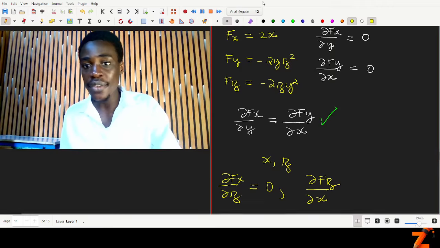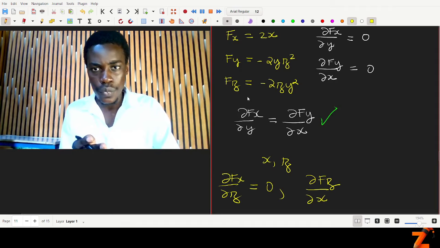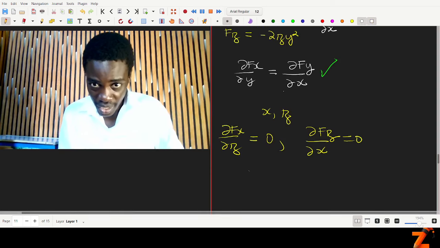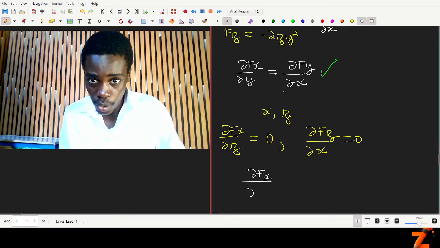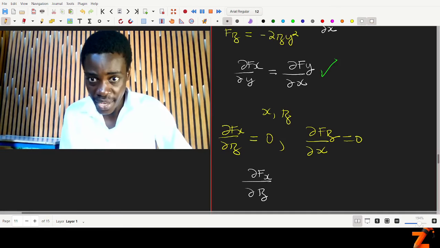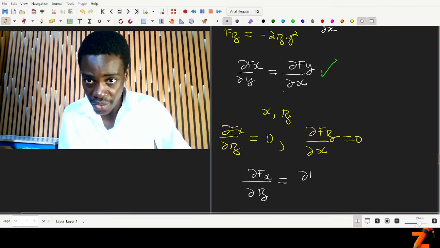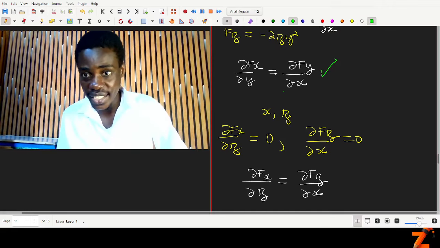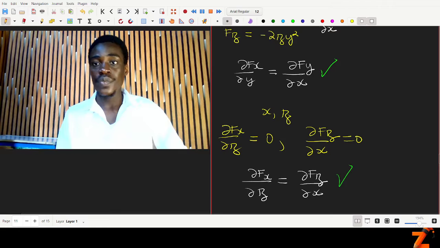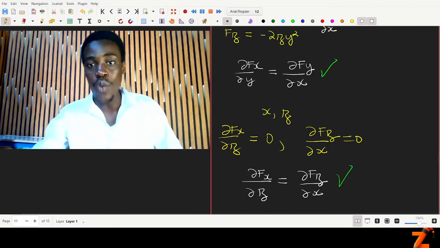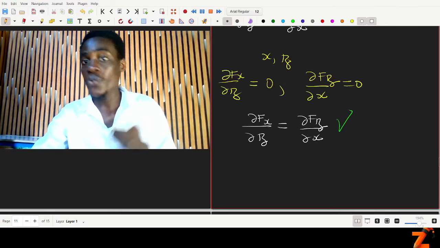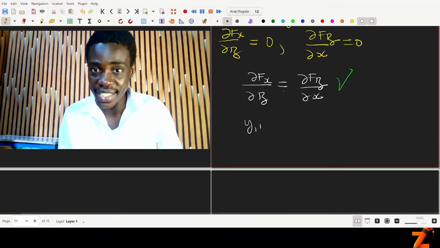Okay, we don't have x in the expression of fz, so the derivative is also 0, and I can conclude that these two derivatives are equal. Okay, the derivative of fx with respect to z equals the derivative of fz with respect to x. Okay, so I have the second equality. I took already x and y, x and z. To finish is y and z. Are you okay with me?